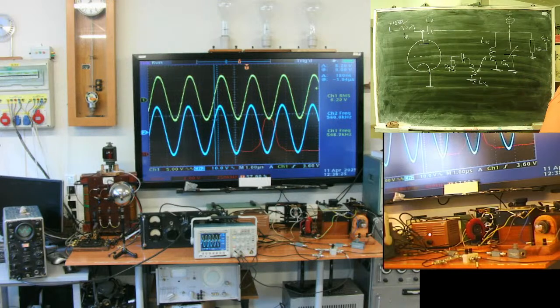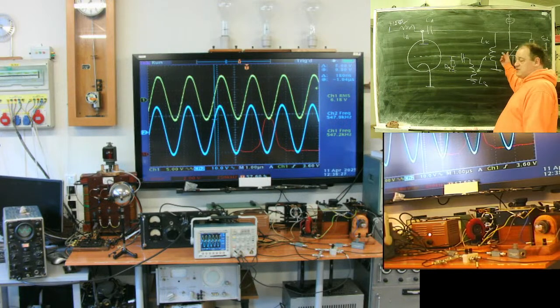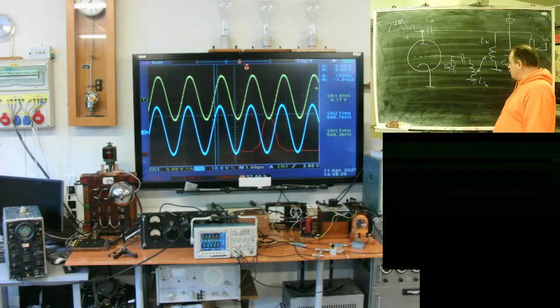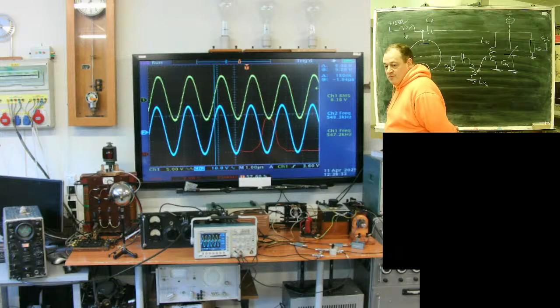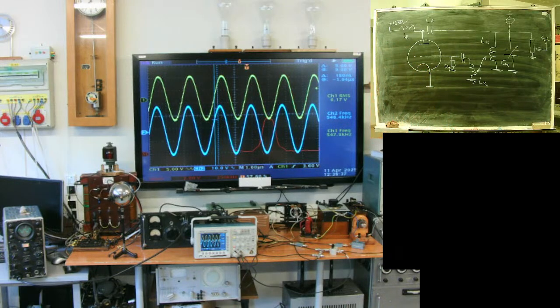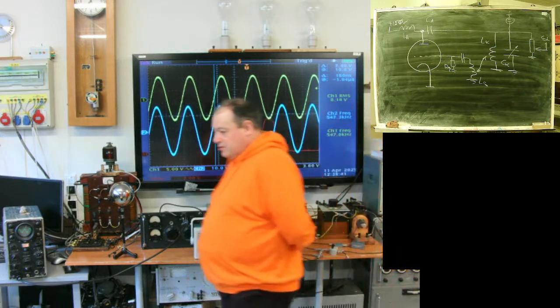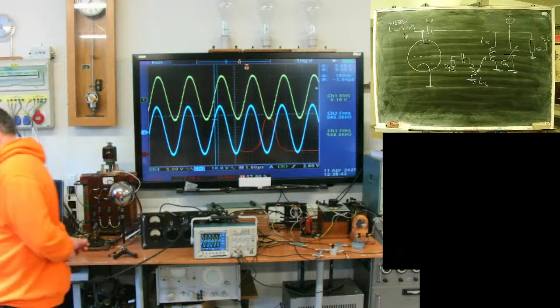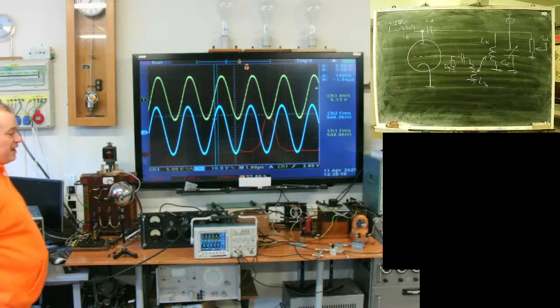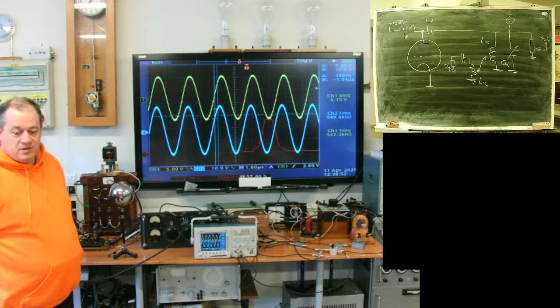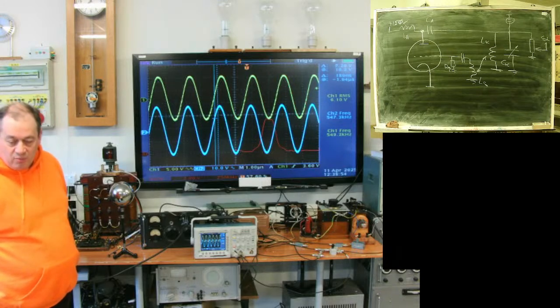It's an amplifier loaded with a resonance circuit and with positive feedback. What is it? Generator of harmonic signal.